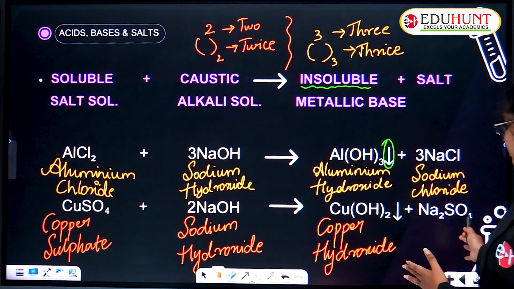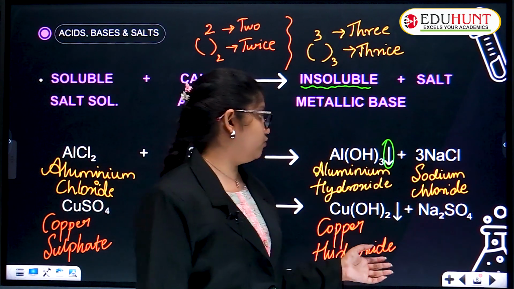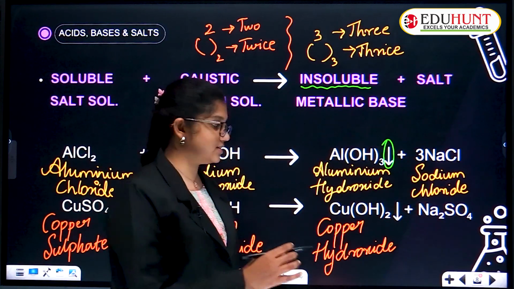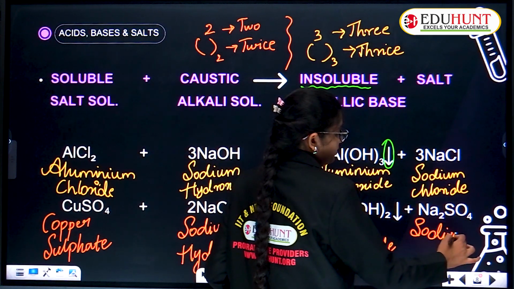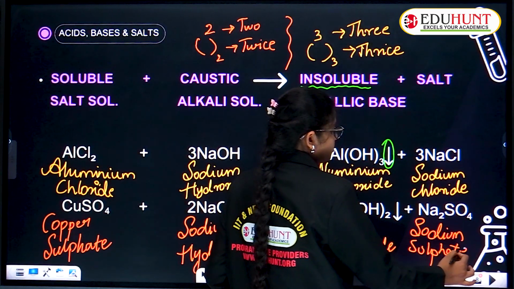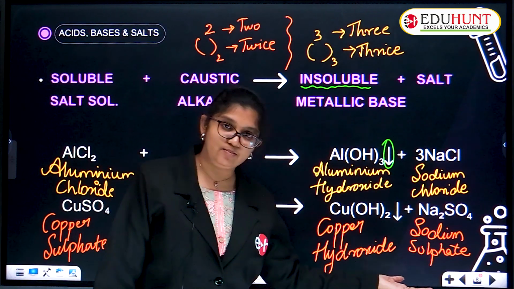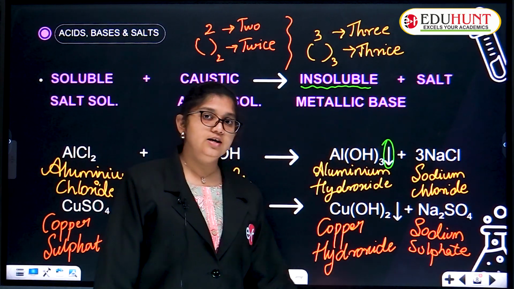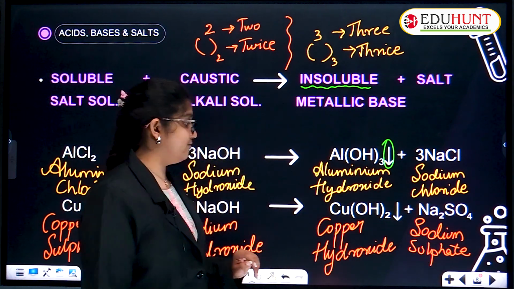And we also get a salt, that is Na2SO4. What is the name of that? Come on, tell me. Na2 means sodium, SO4 means sulfate. Sodium sulfate. Children, you already got all this. By doing a number of examples, you'll get the names of the elements and compounds. Very good, children.